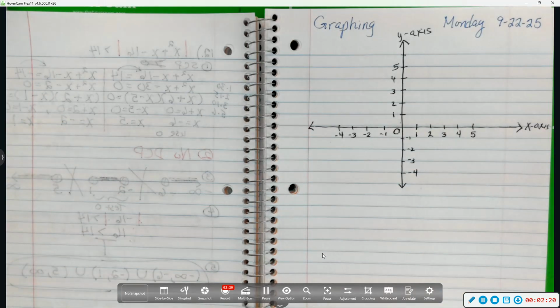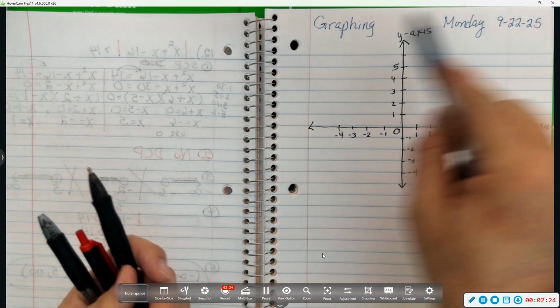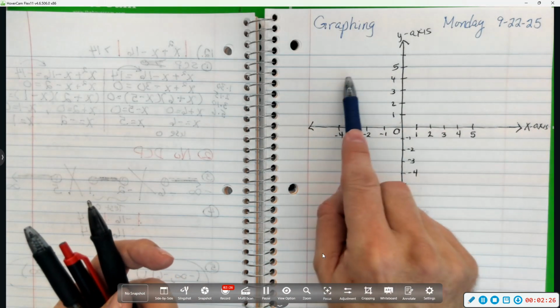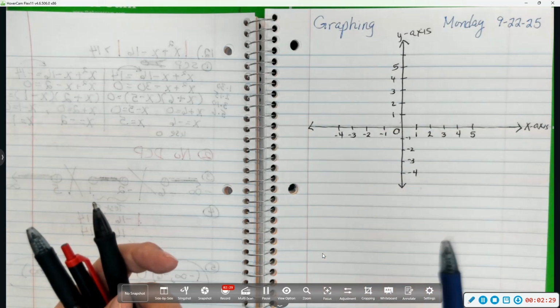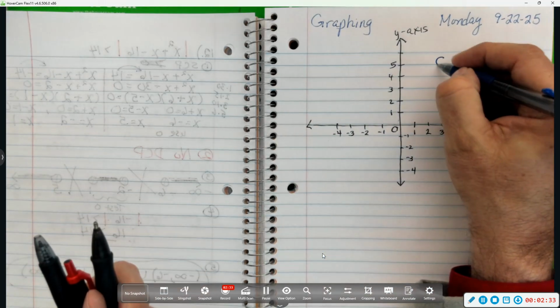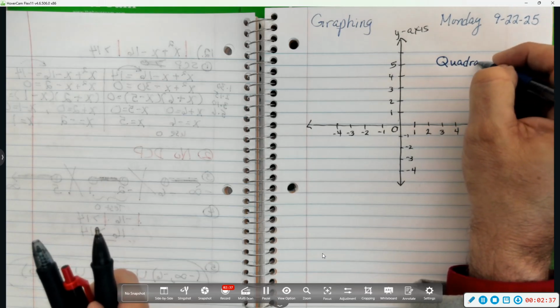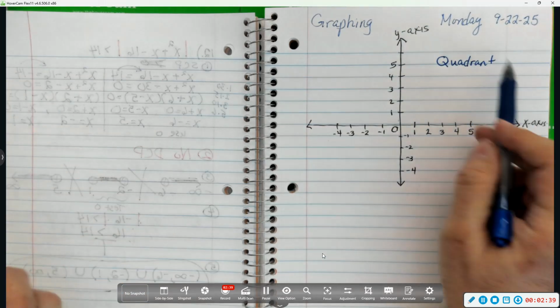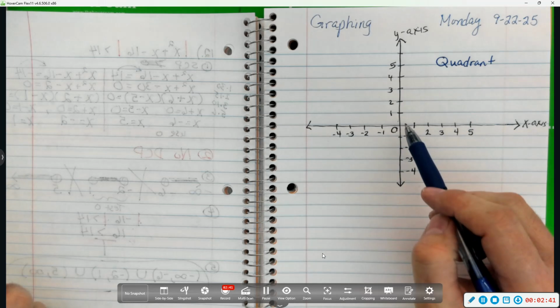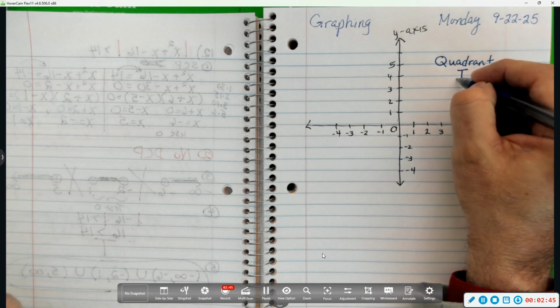Notice how the x-axis and y-axis break this region up into 4 smaller regions. Each one of these regions is called a quadrant. Starting with the upper right-hand region, we call that quadrant 1.